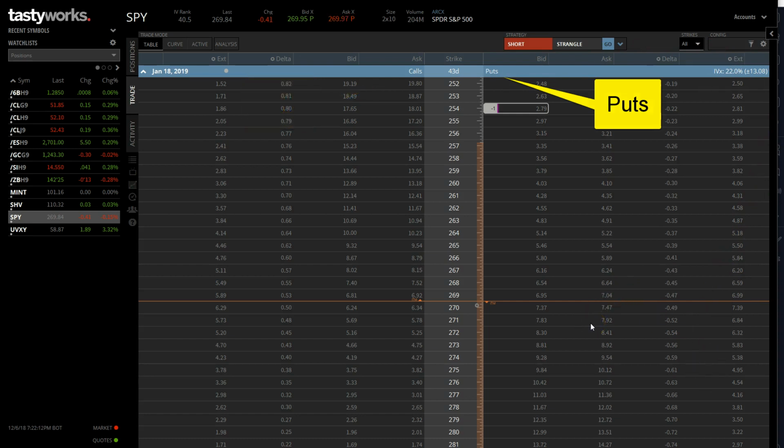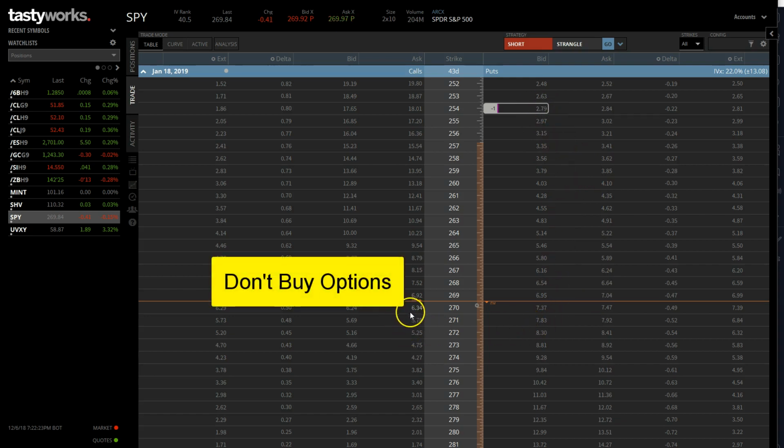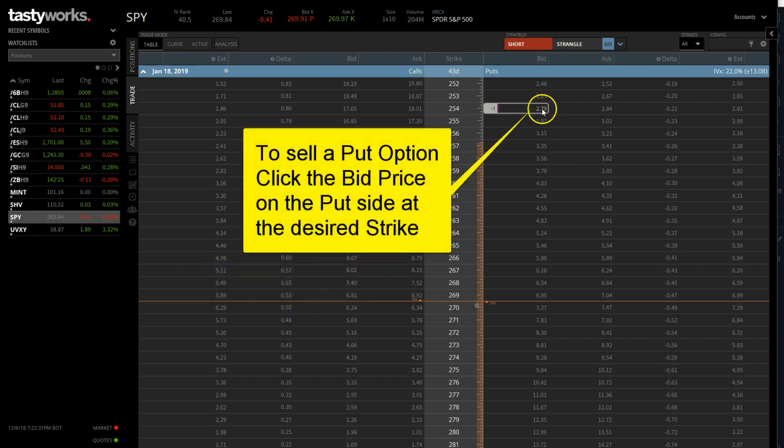And remember, I wanted a bullish strategy, so I wanted to sell a put, or I could have bought a call, but again, I don't like buying options, I like selling them. So if I want to sell an option, I can just click on the bid, and if I want to buy it, I just click on the ask.